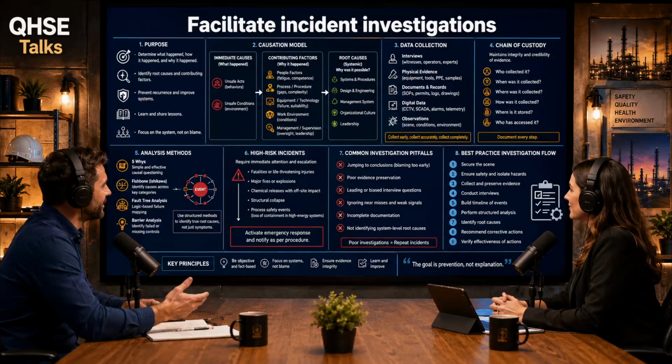If a worker slips and falls on a mezzanine, and a supervisor immediately sends someone up there with a mop to clean the slippery floor before it's documented, the investigation is completely compromised. The evidence of why it was slippery is gone forever. Was it a slow oil drip from an overhead crane? Was it water from a leaking roof? Was it a chemical solvent that degraded the slip-resistant coating?